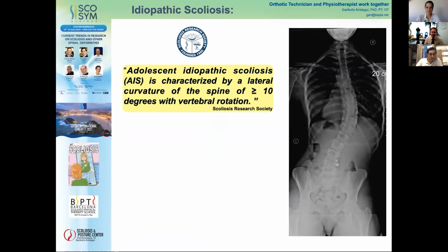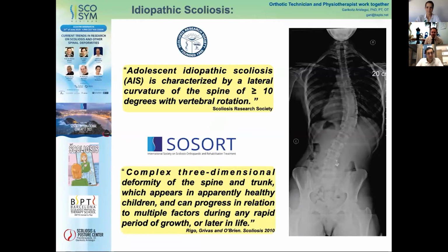But the SOSORT definition that Rigo, Grivas, and O'Brien gave in 2010 says idiopathic scoliosis is a complex three-dimensional deformity of the spine and trunk which appears in apparently healthy children and can progress in relation to multiple factors during any rapid period of growth or later in life.